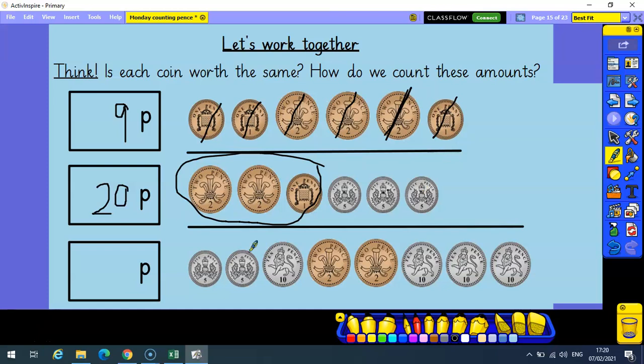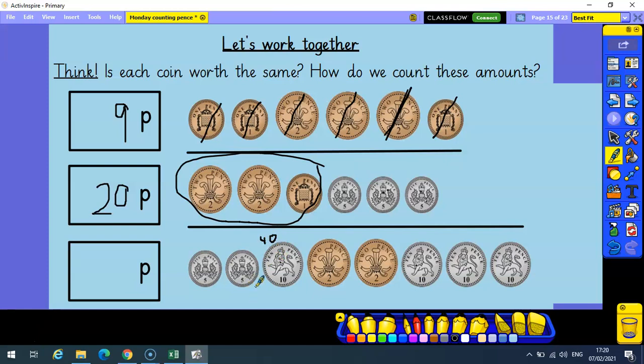Looking at this bottom row, which coin has the biggest value? It's the 10p, isn't it? So this is easy. This is like counting in 10s and 1s, and we're used to doing that. 10, 20, 30, 40. What do you notice about the next thing?